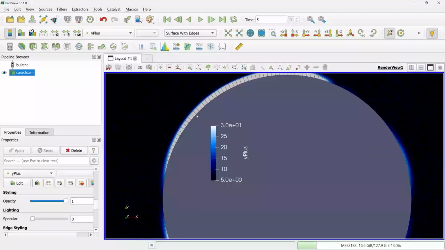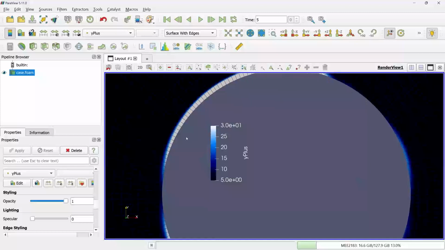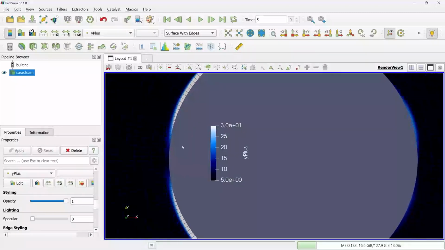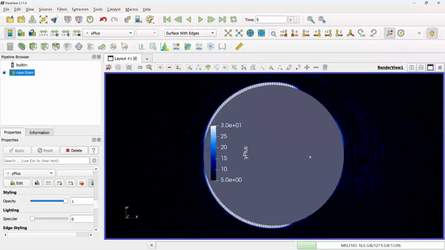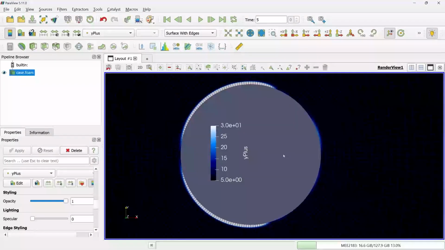We have zones here where it's completely gray, which means it's above 30, and that's pretty good to use a wall model. We have zones here where it's completely black, so that'll be below 5, and that's also decent. But then we have these regions where it's a shade of blue, so it's between 5 and 30, where we go into that buffer region where the wall model may not be so applicable.